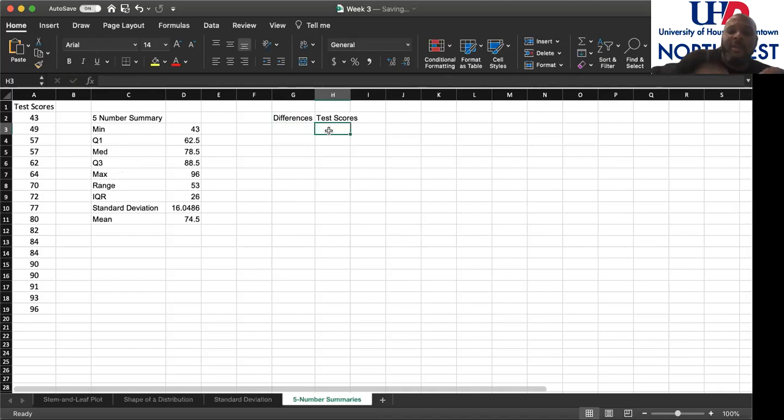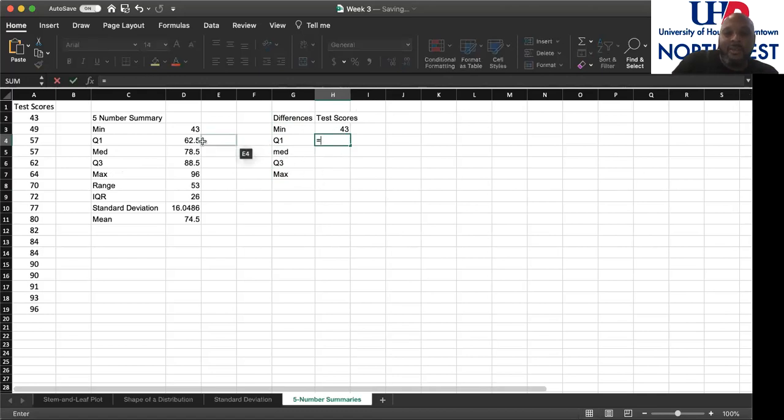We always start off with the minimum as it is, so 43 is here. But then I want to find Q1, the median, Q3, and the max. So for this one, I want to find the difference between Q1 and the minimum.